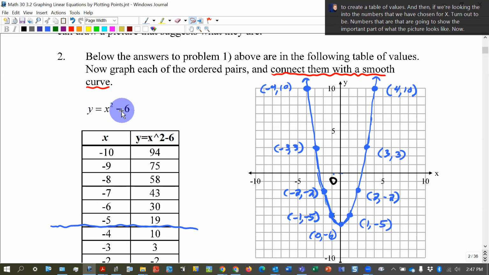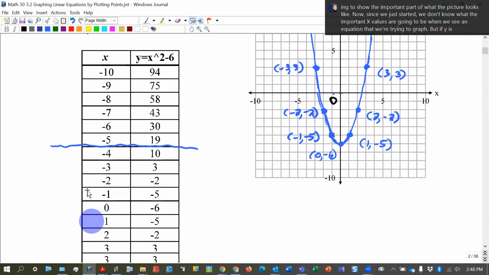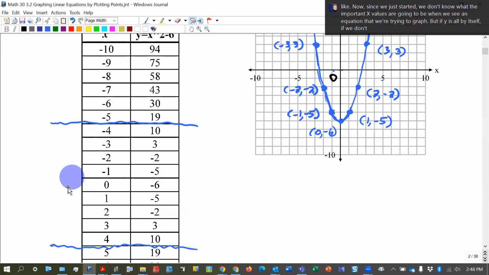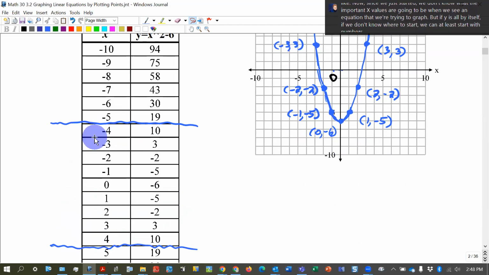Now, since we just started, we don't know what the important x values are going to be when we see an equation that we're trying to graph. But if y is all by itself, if we don't know where to start, we can at least start with numbers close to the origin.